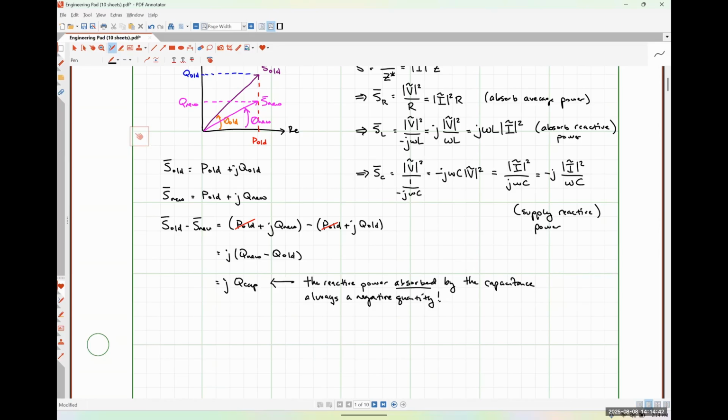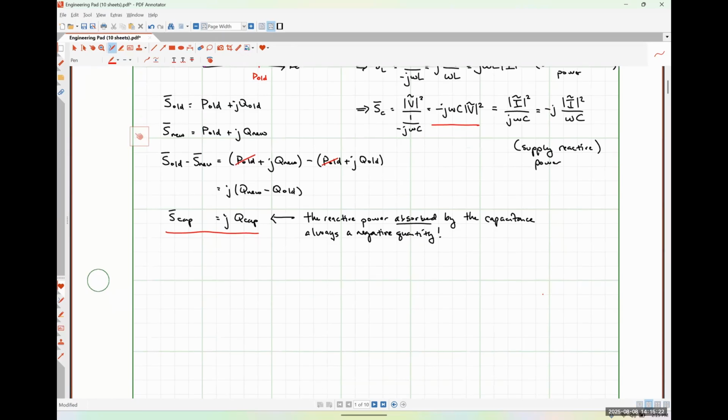So if I call this over here S cap, what I can do is set this relationship for complex power that we need to inject into our system equal to this relationship for the complex power that is provided or absorbed by a capacitor. I can set those equal to each other and then use that to solve for what specific capacitor value is going to do what I need for my system.